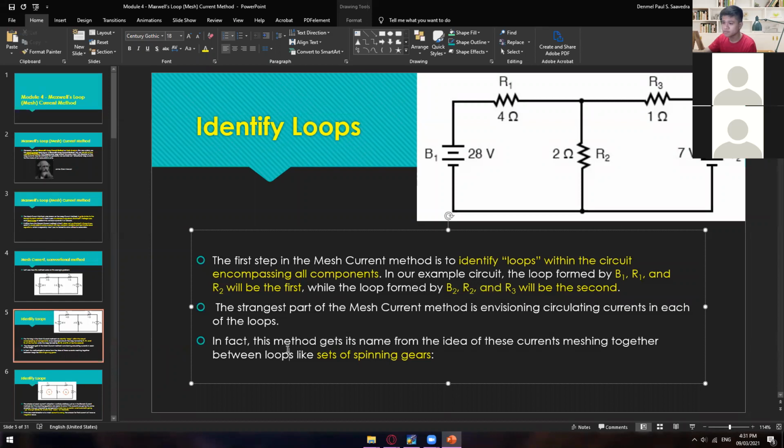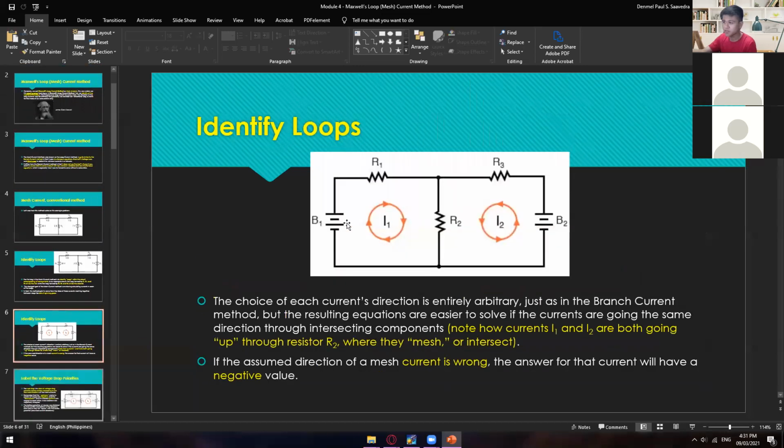And what else? It says here that in fact this method gets its name from the idea of these currents meshing together between loops like sets of spinning gears. Depending on the flow that you have assumed, in here we have a first loop which is spinning clockwise, and then a second loop which is spinning counterclockwise.